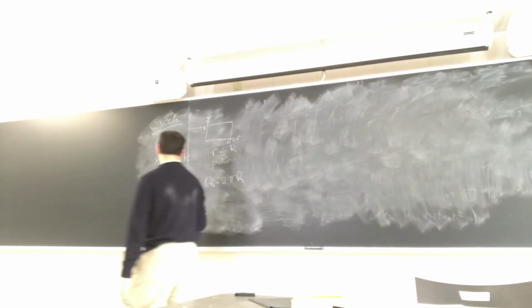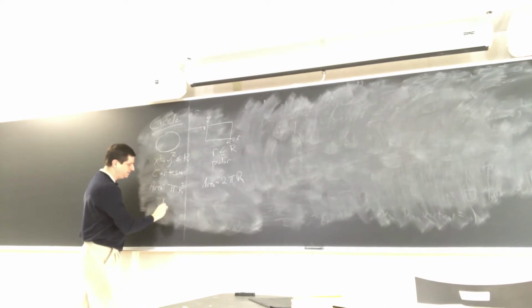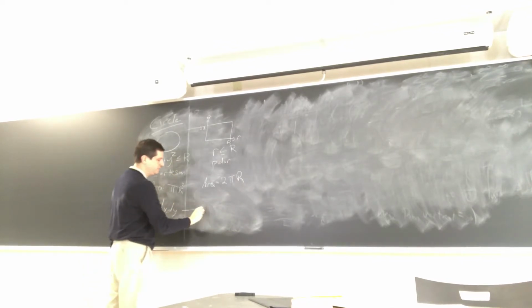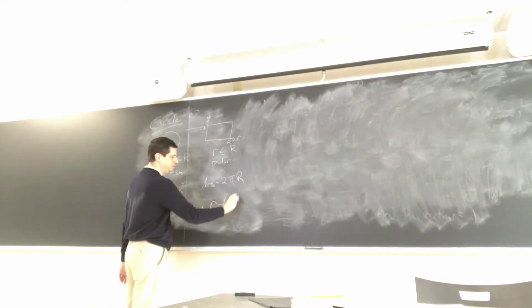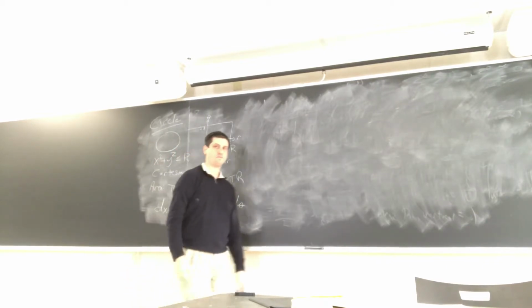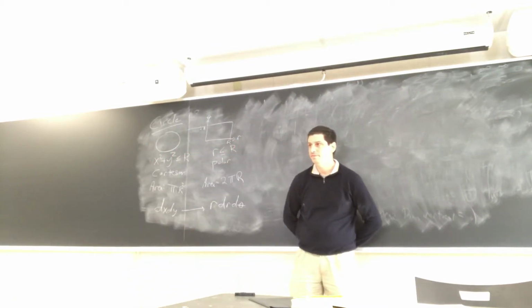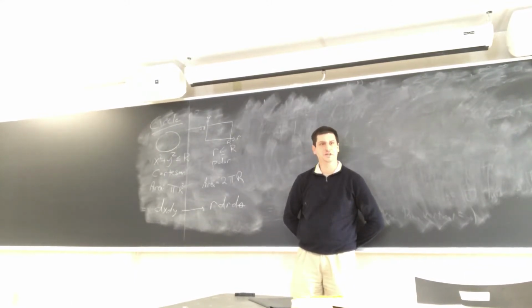And so what happens is the area element dx dy gets converted to r dr d theta. And we will prove why this is true later. So the conversion factor depends on where you are. Let's think about whether or not this makes sense.